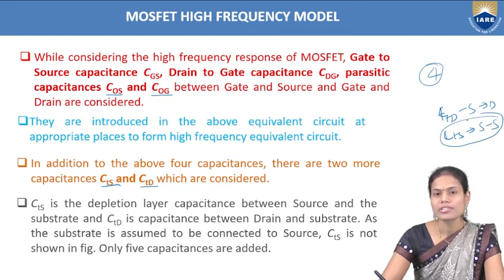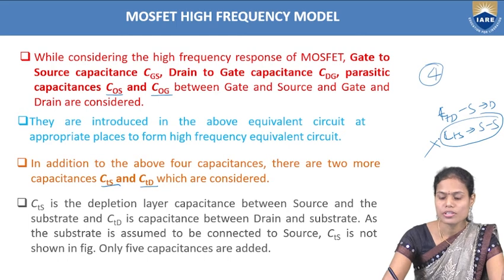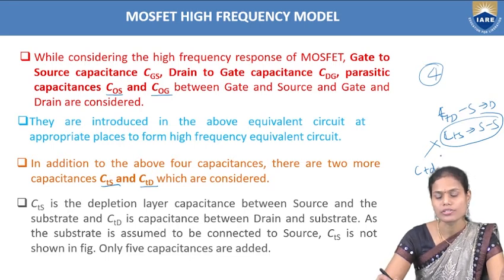Generally the MOSFET has 4 terminals, but from the operating point of view, we interconnect the substrate terminal with the source terminal. When we do that, we can remove the CTS capacitance. So these 4 capacitances plus one internal capacitance, CTD, are included in the high frequency equivalent circuit.